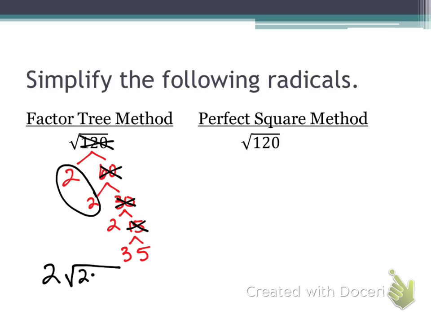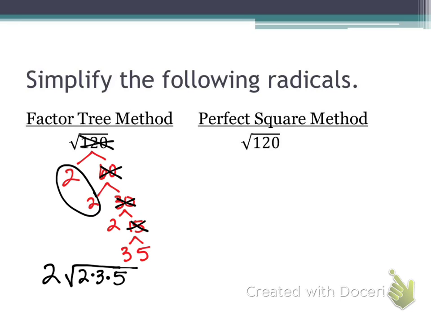So 2 times 3 times 5. The part that gets a little confusing is that we had 2 2s here, but only one of them got to come out. It's like that group melded together, and now it's just a single 2 outside of the radical. Questions about that process?